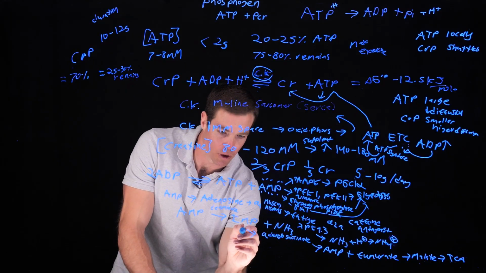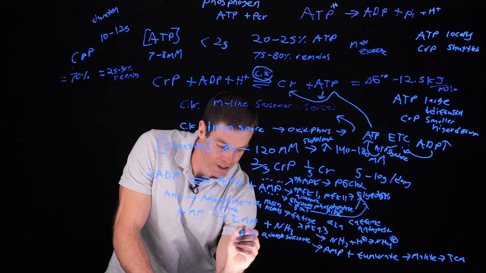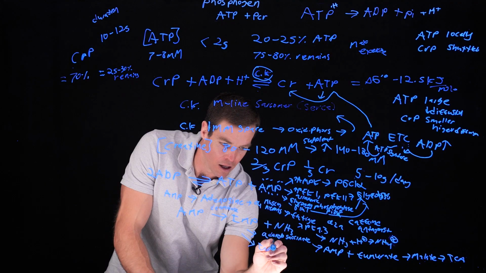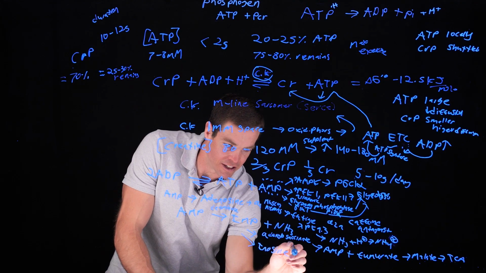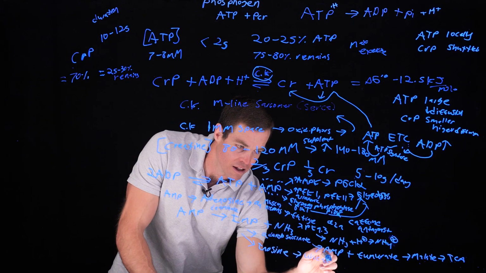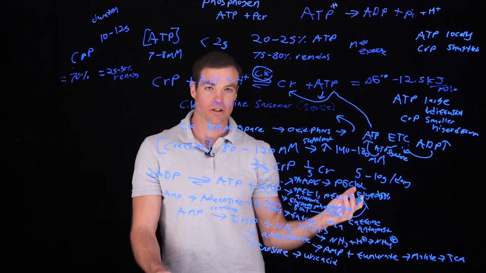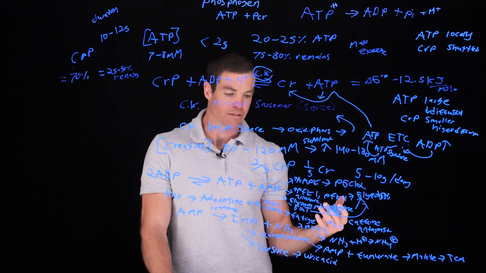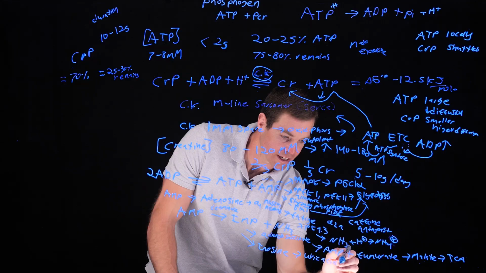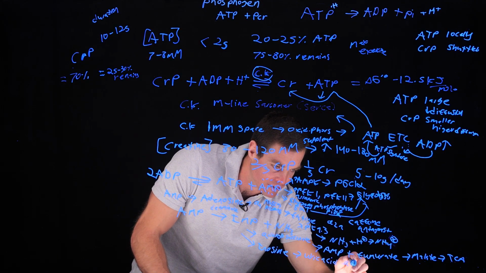And then there's one other, because you can take IMP and when you break it down, you could also form inosine, and then you could form uric acid. Uric acid goes out in your urine, and it's metabolized by the liver, and of course high levels are toxic. But uric acid actually has antioxidant activity as well.